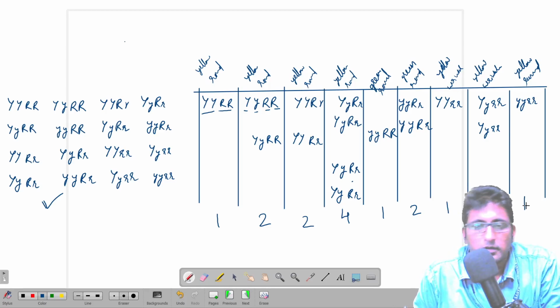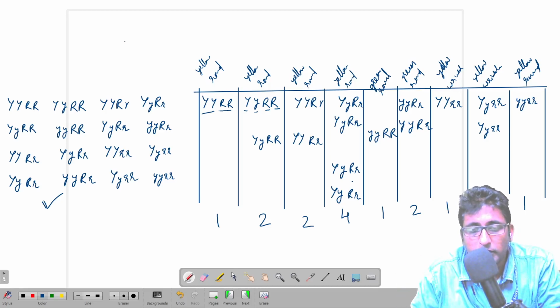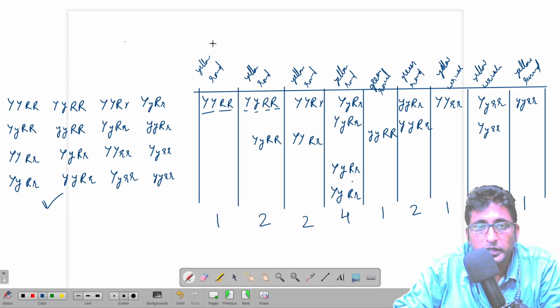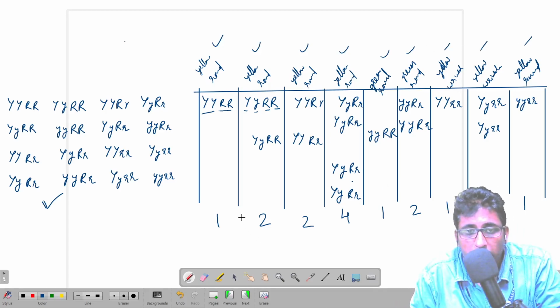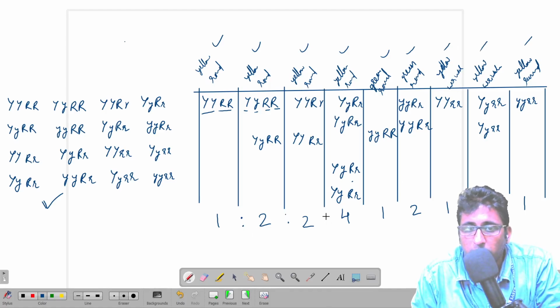So how many combinations are we expecting? As we discussed before in the previous slide, 9 combinations should have been there: 1, 2, 3, 4, 5, 6, 7, 8, 9. Total number of portions? If you remember from the square, 4 into 4, that would be 16.